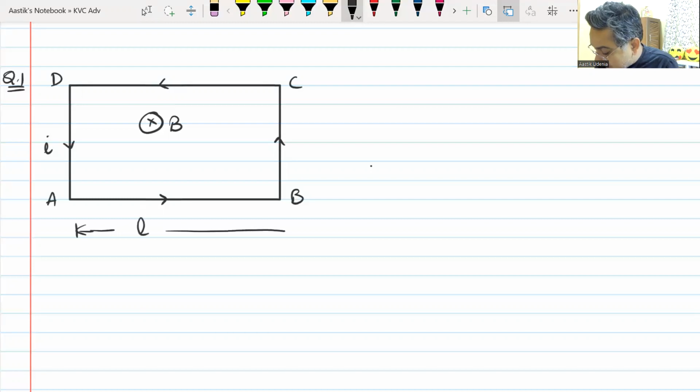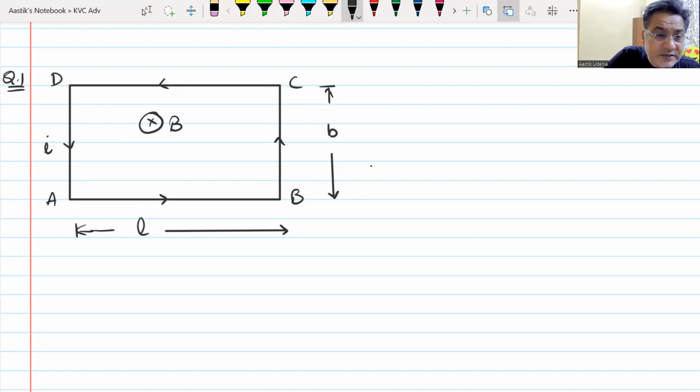The length of this wire is L. The breadth of this wire is B. You have to find out the forces, magnitude and direction, on all the four different segments and the force on the entire loop. I'll give you 2 minutes to give me the answer for this one.